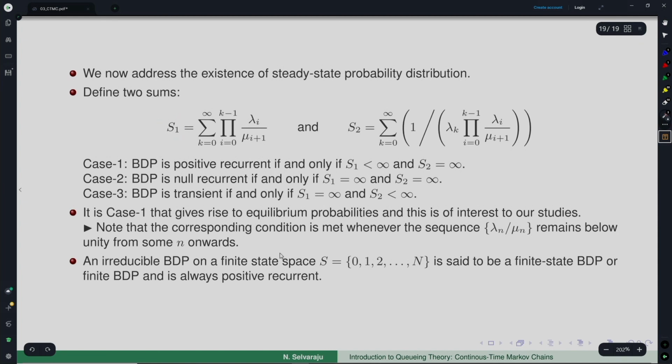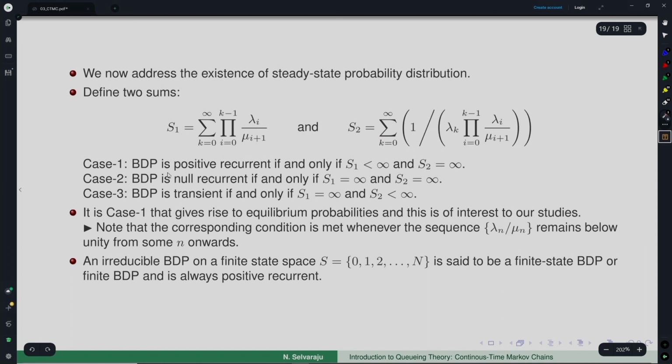This is the sum S1, and S2 is another sum which you define to be this particular case. Now, it can be proved that the BDP is positive recurrent if and only if S1 is finite and S2 is infinity, because this sum is finite and this sum is infinite.